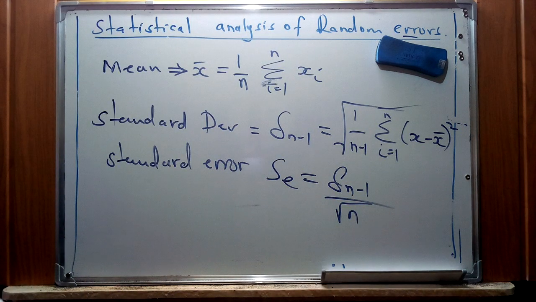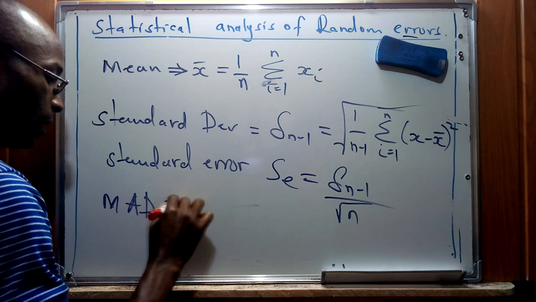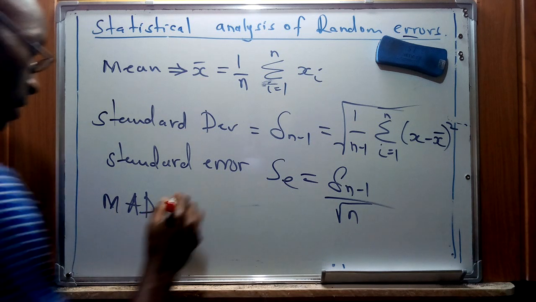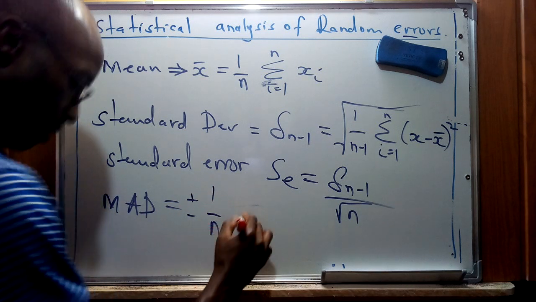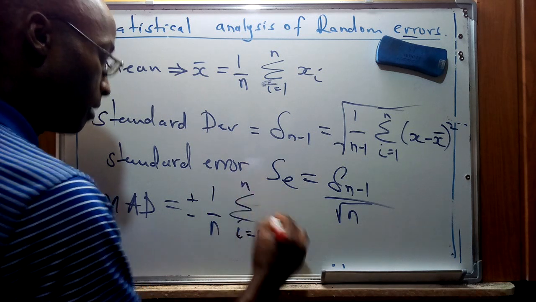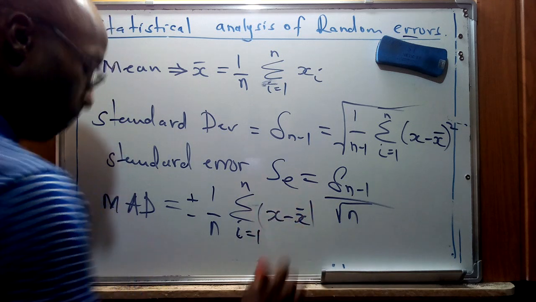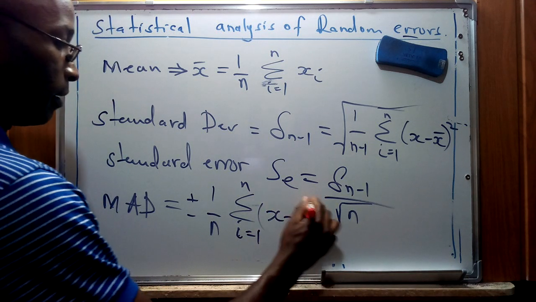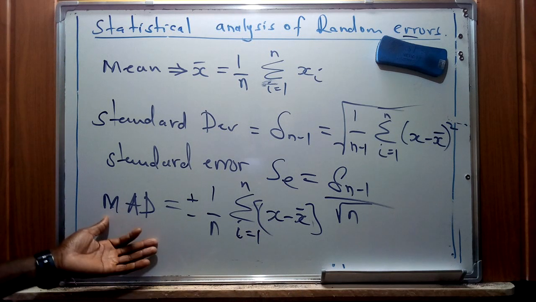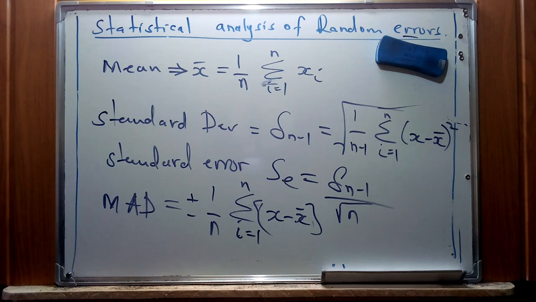And lastly, we have talked about the mean absolute deviation, which is also going to be given as positive or negative, the summation of the values from 1 to n of this specific deviation. This is expressed for numbers which are less than 6, and the standard error is for numbers which are more than 6.